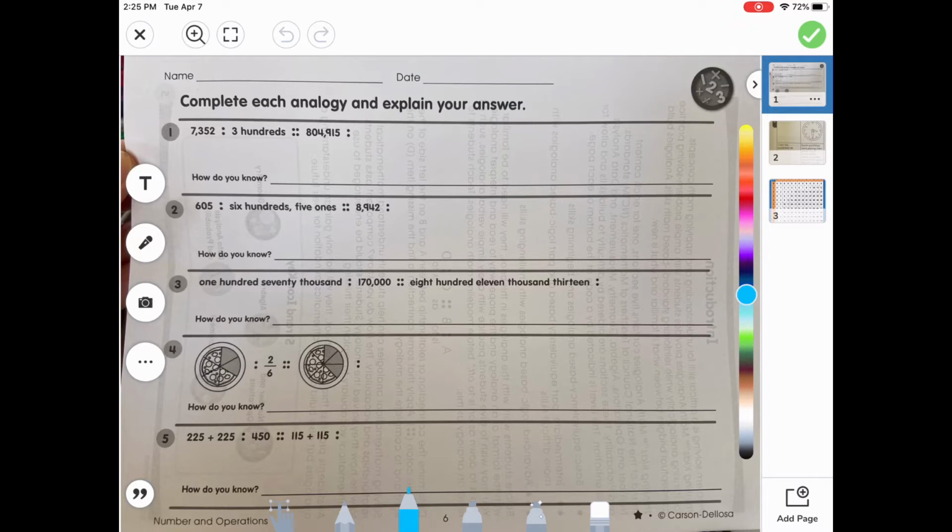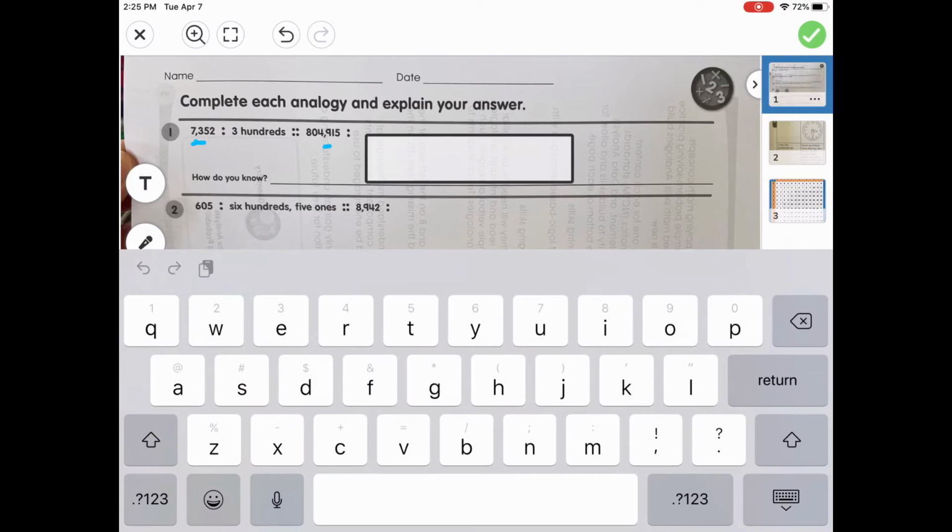When I look at the relationship between the first two items, I see that the number 7,352 has a 3 in the hundreds place. So I need to do the same thing for 804,915. And I see the number 9, which is 9 hundredths.